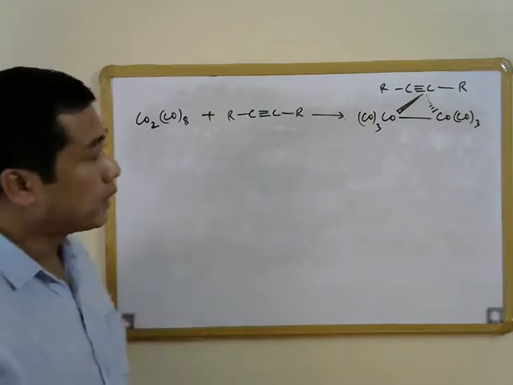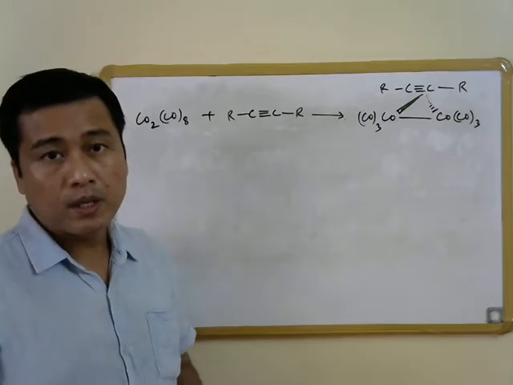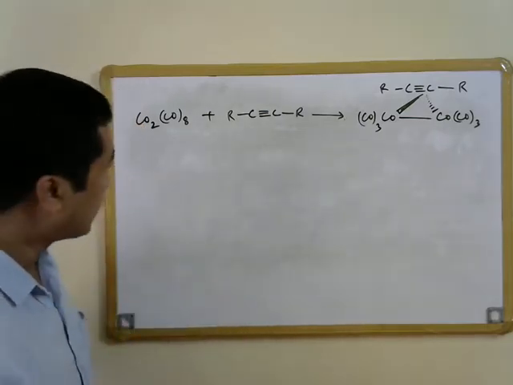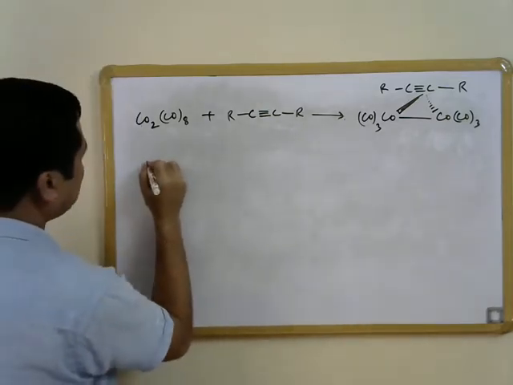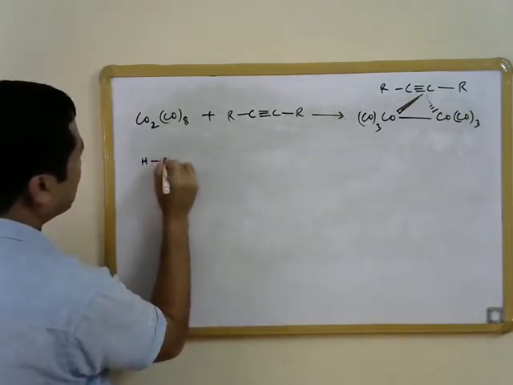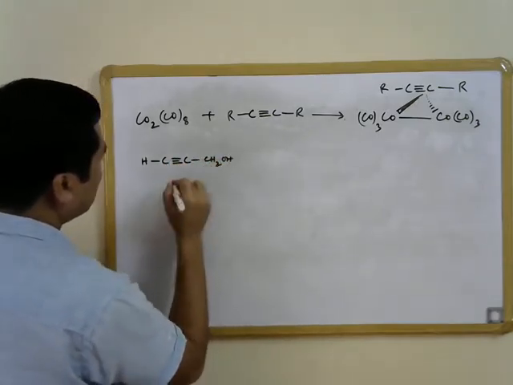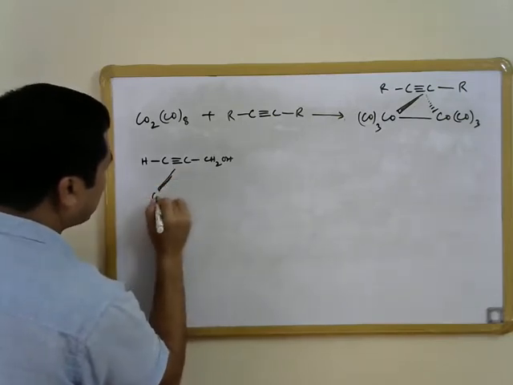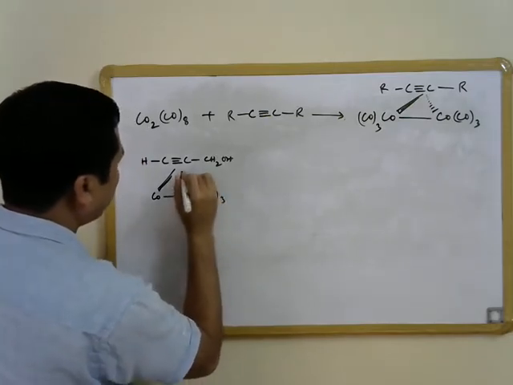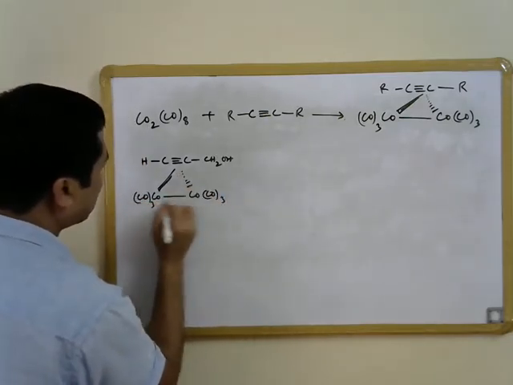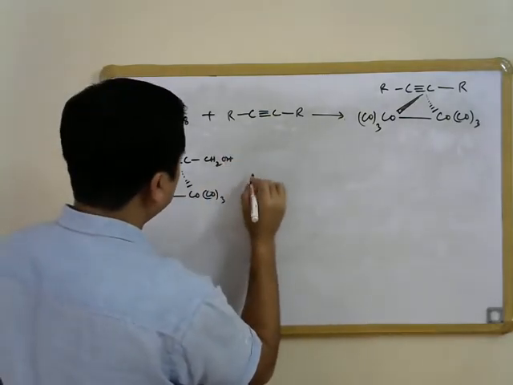One very interesting reaction which has synthetic utility we will discuss here: you can take a propargyl alcohol cobalt complex, and now you can do a reaction on this alcohol group.